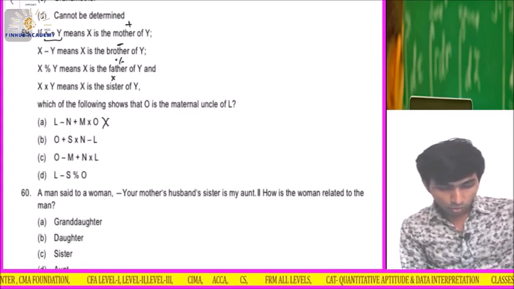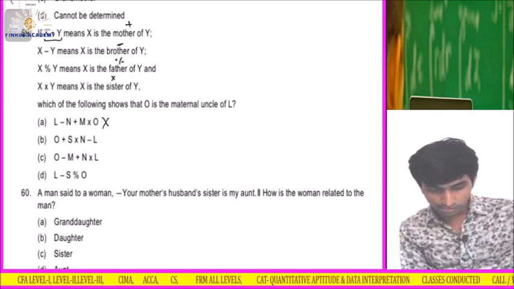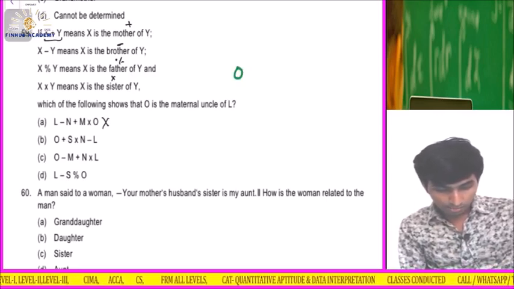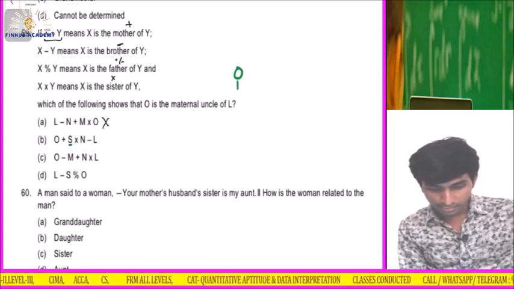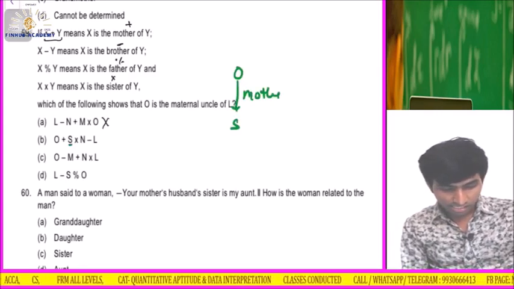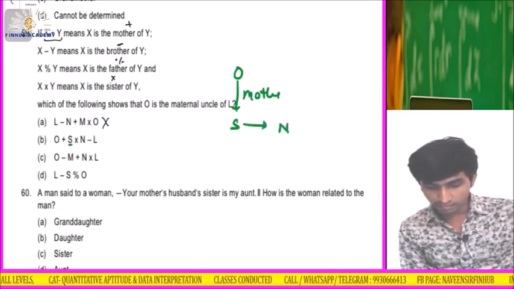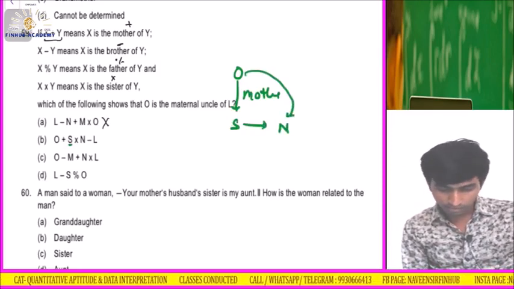Let's check the second one. O plus S means O is mother of S. Okay. S into N. Into means sister. S has a sister who is N. That means O is also mother of N. Fine.